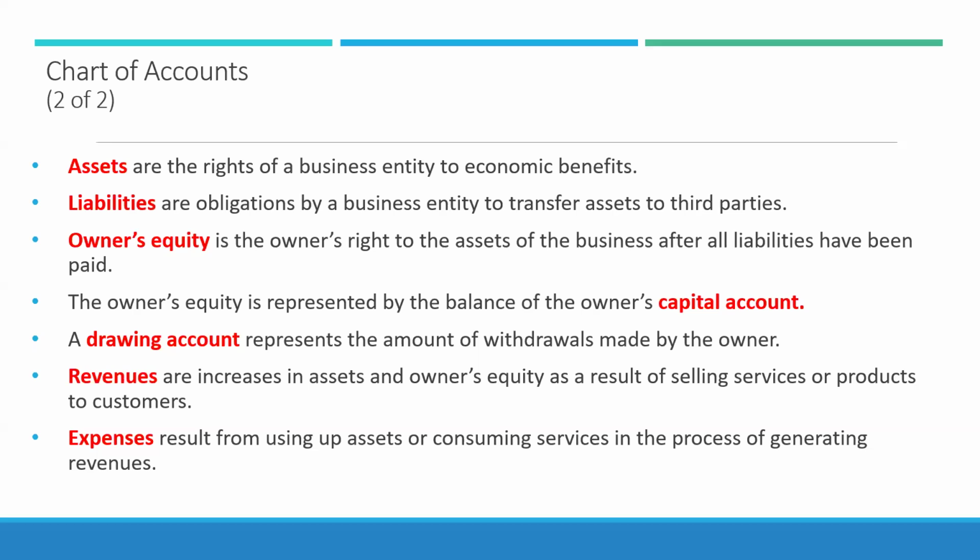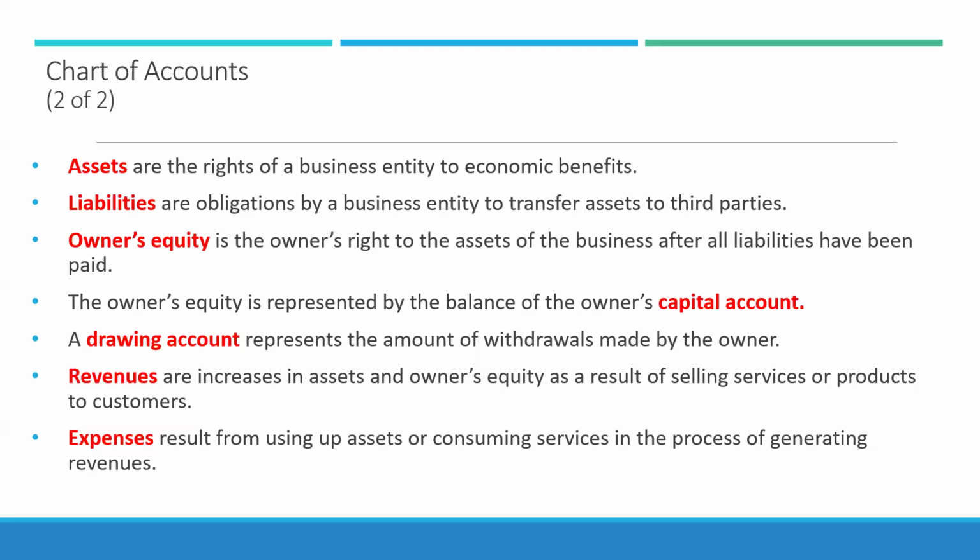Assets are resources. Liabilities are obligations by a business, or I like to call them sacrifices. Liabilities are something you owe to somebody. Okay? Now you owe them because you got a benefit probably, but you owe them. Owner's equity are the owner's rights to the assets of the business after all the liabilities have been paid.